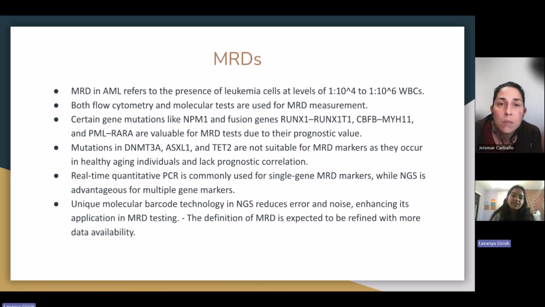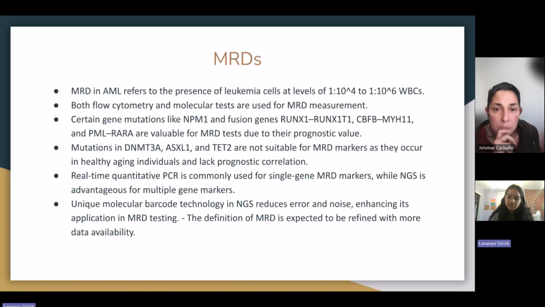And then the next topic is MRD. MRD in AML refers to the presence of leukemia cells at a level that is detectable. Both flow cytometry and molecular tests are used for MRD measurements. Certain gene mutations like NPM1 and fusion genes like RUNX1-RUNX1T1, or all the listed ones, are valuable for MRD tests due to their prognostic value.